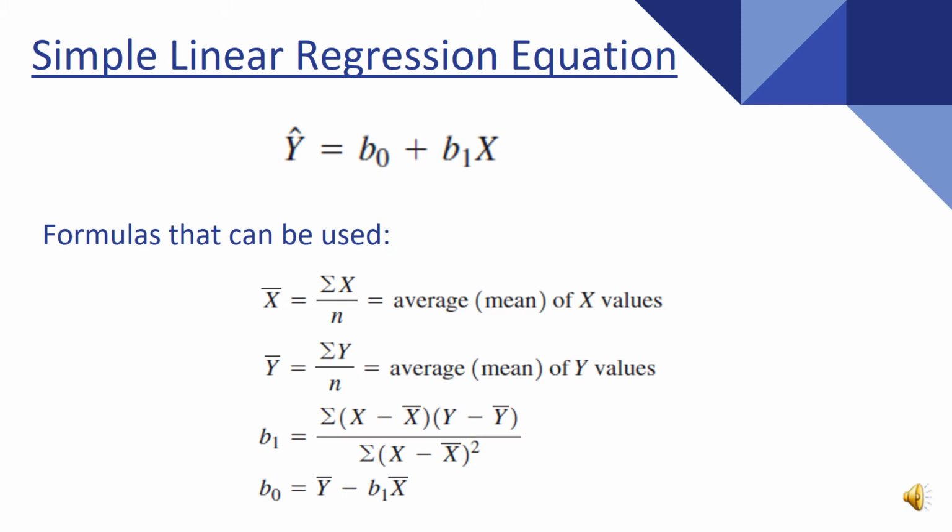Average of x values is equal to summation of x over n, while the average of y values is equal to summation of y over n, and b1 is equal to the summation of (x minus average of x values) times (y minus average of y values) over the summation of (x minus average of x values) squared, and b0 is equal to the average of y values minus b1 times the average of x values.